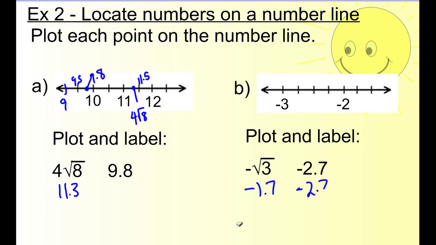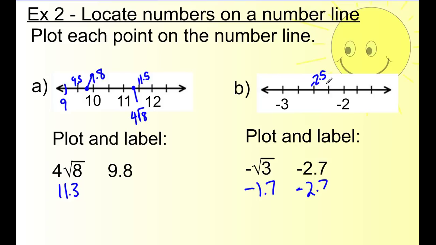Alright, so let's see here. If that's negative 2, 1, 2, 3, 4. So this would be halfway. So this would be negative 2.5. So negative 2.7 would be someplace in between here. For those who can see this, this would be counting by 1/4.